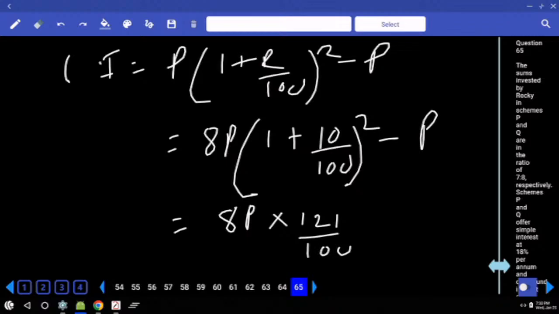Okay. How much you're getting here? 8 parts ante 1 plus 10 by 100 whole square hai kada. Calculation sir chudandi.